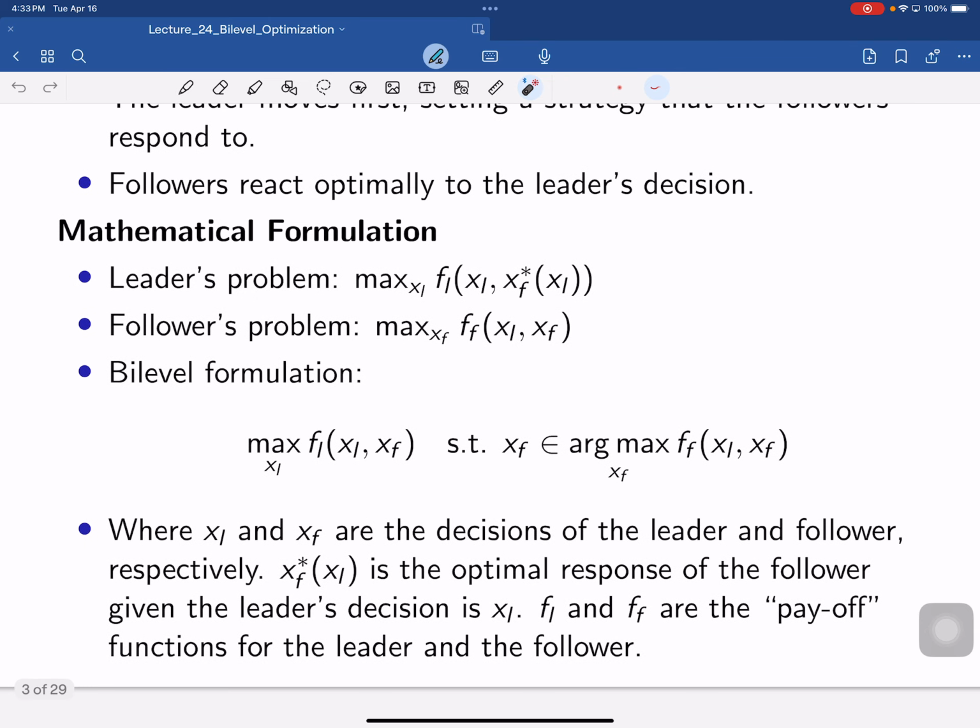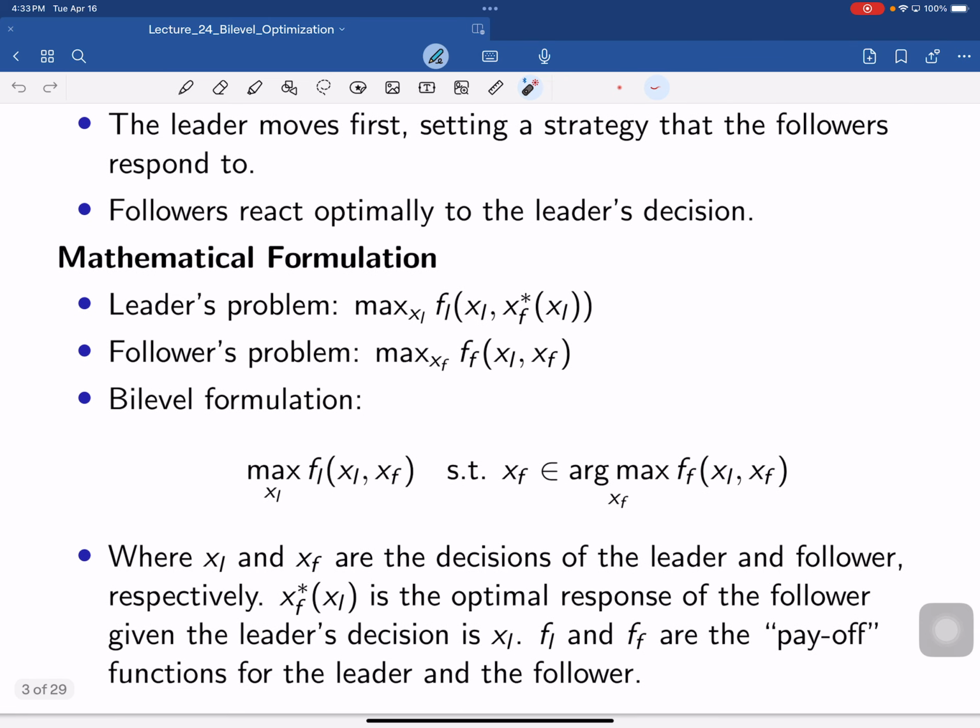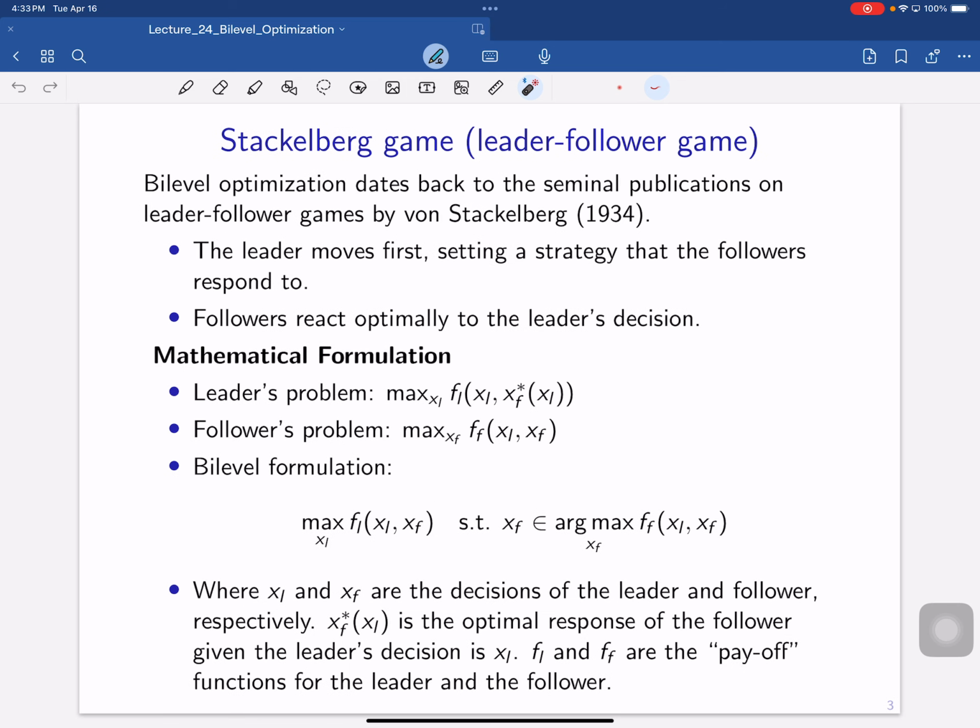Here in a bilevel problem, the leader is maximizing a given utility function f sub L, subject to the constraint that the follower's decision has to be optimal with respect to the follower's objective. This might sound very abstract, so let's give a very concrete real-world application, then we come back to this abstract formulation again.